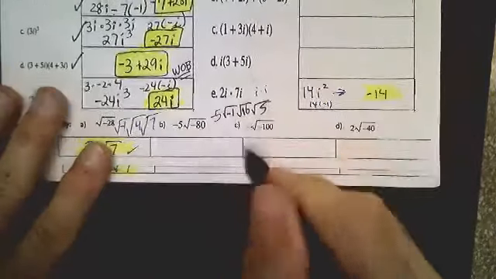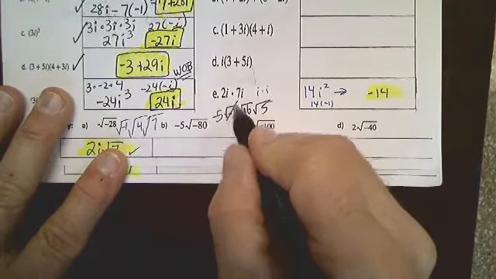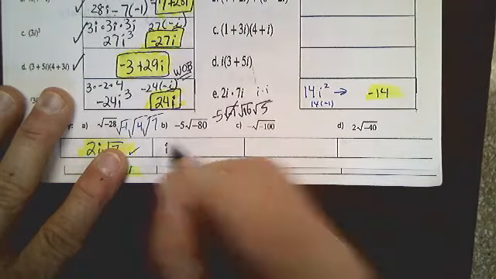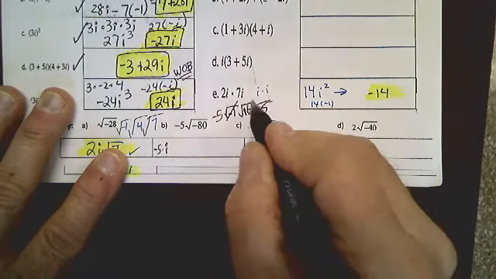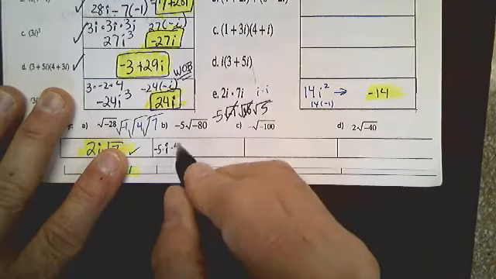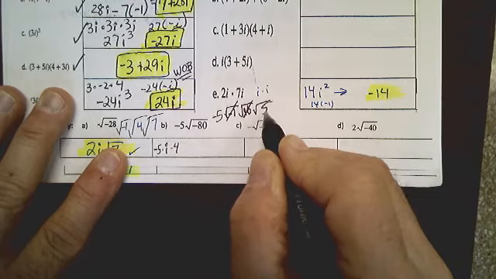And then I just start square rooting. You cannot, this is an i. Carry your -5. This is 4. Can't do that, so that's going to stay in the rad bar.